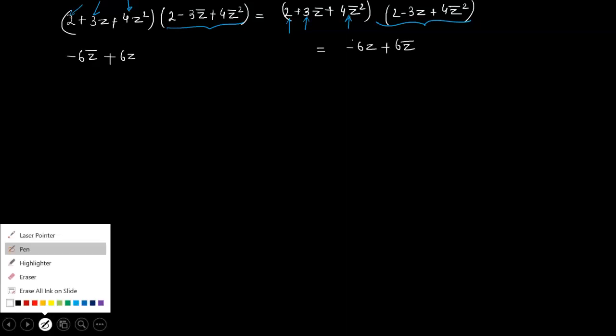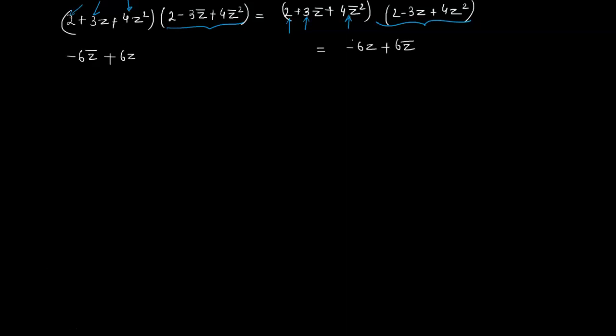So this term will come into consideration here: 3z into 4z bar square is 12z z bar square, and here there will be 12z bar z square. Again 4 times 8z square and 4 times 8z bar square, this term will come into consideration: 8z square plus 8z bar square.